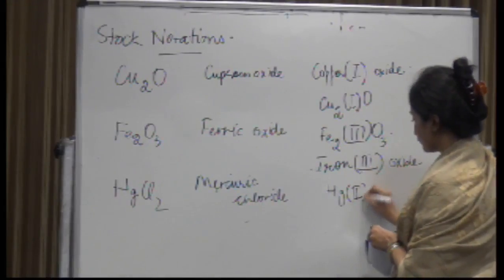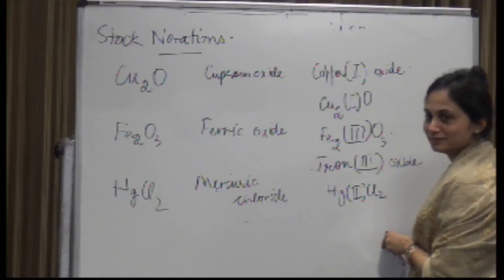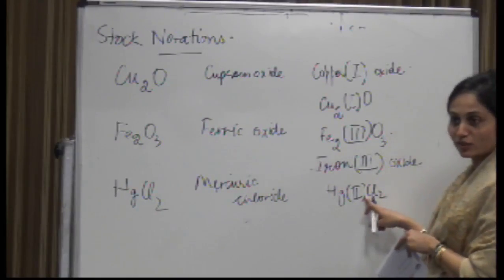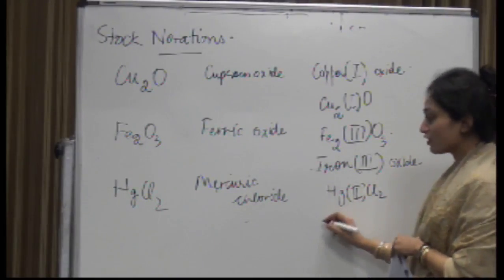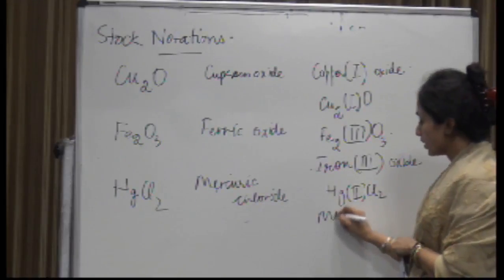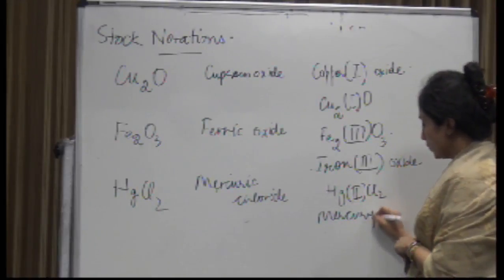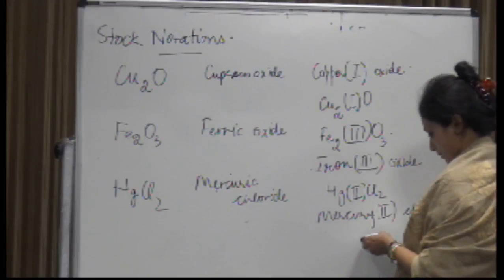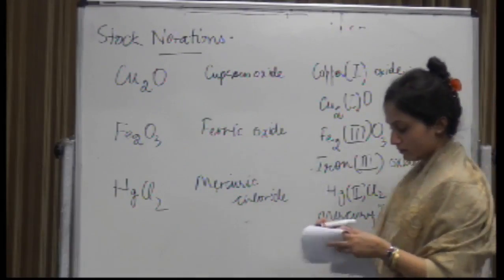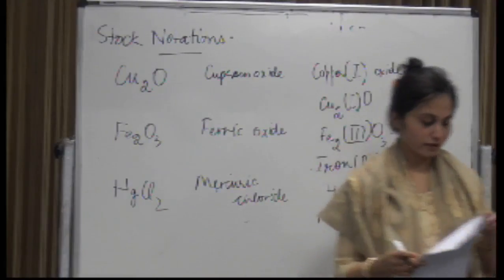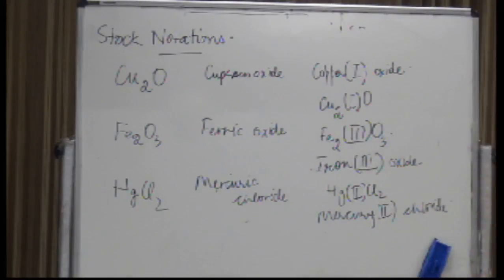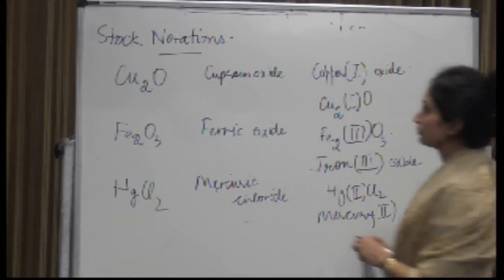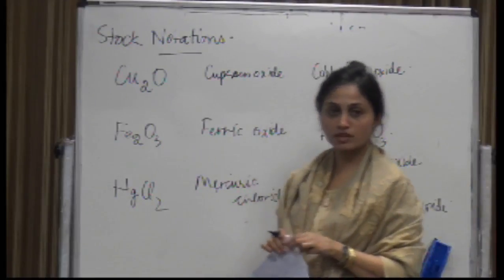This is the oxidation number in parenthesis. So how will you write it down? Mercury(II) chloride. Done with the stock notations?